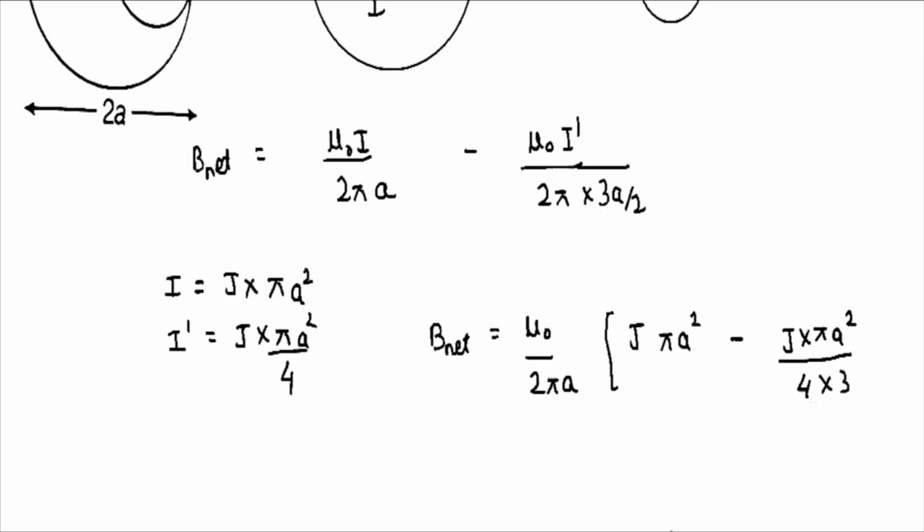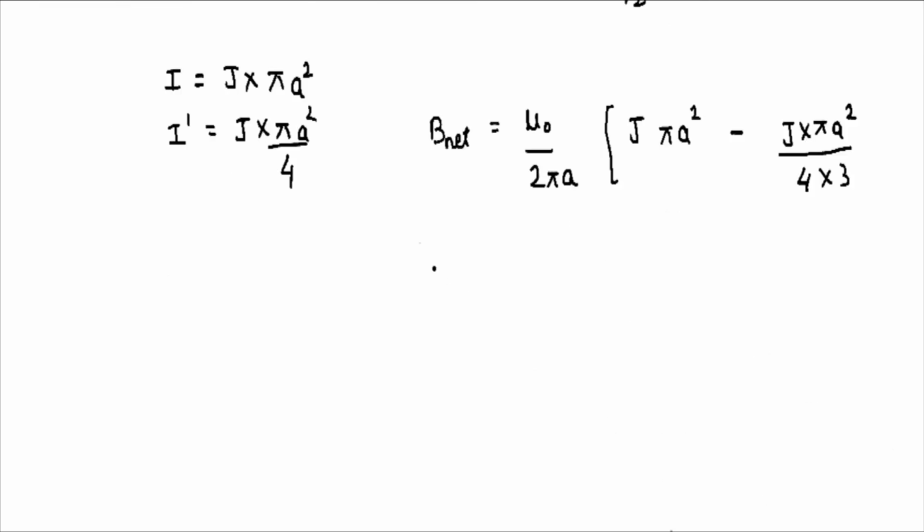So this 2 and this 2 would be cancelled. Now if we solve this, our B net would be mu naught J into pi into A square divided by 2 pi A.